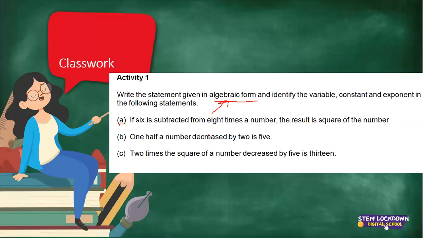The question is, if 6 is subtracted from 8 times the number, the result is the square of the number. Please give me the answer to this, learners.